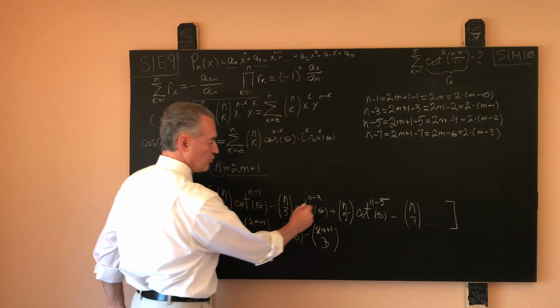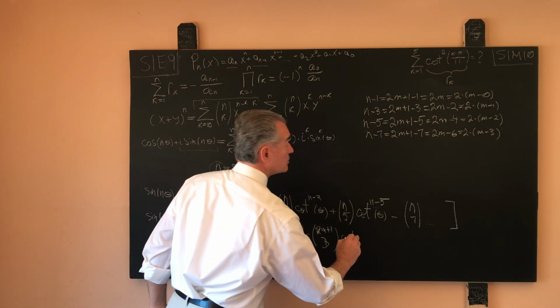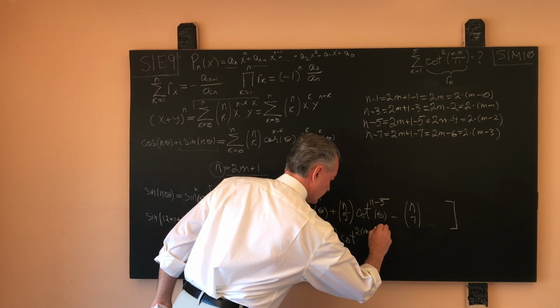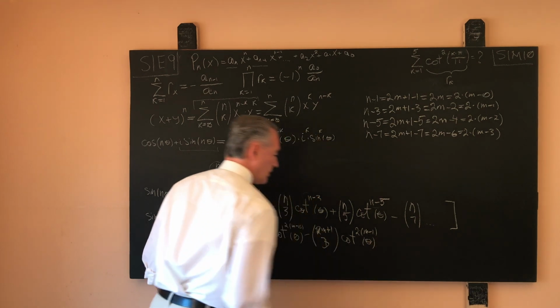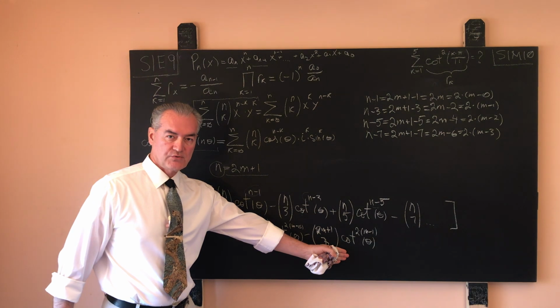And for the power of cotangent, we will have cotangent to the power 2 times m minus 1.